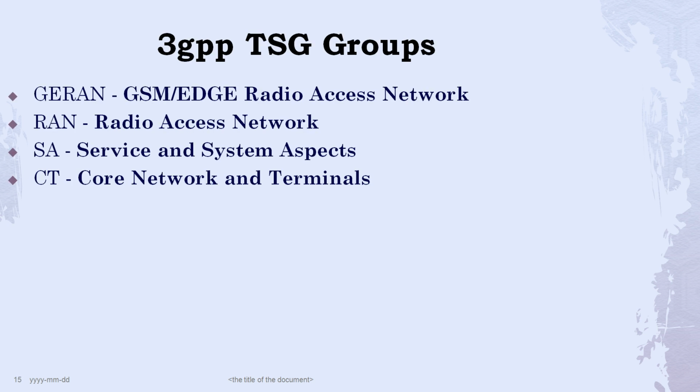So let's look into the TCG groups. Currently there are 4 different TCG groups. We have GERAN, which stands for GSM EDGE Radio Access Network. We have RAN, which stands for Radio Access Network, and we have SA, Service and System Aspects, and the last one is CT, Core Network and Terminals.